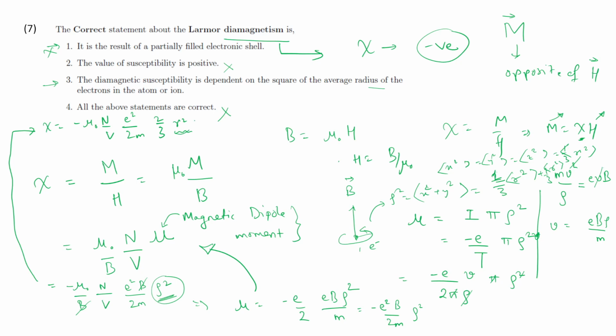From here you already see that chi is directly proportional to r square, where r is the average radius, and it is negative. This negative sign says that it is a diamagnet. So the diamagnetic susceptibility depends on the square of the average radius of the electron, which is a true, correct statement.